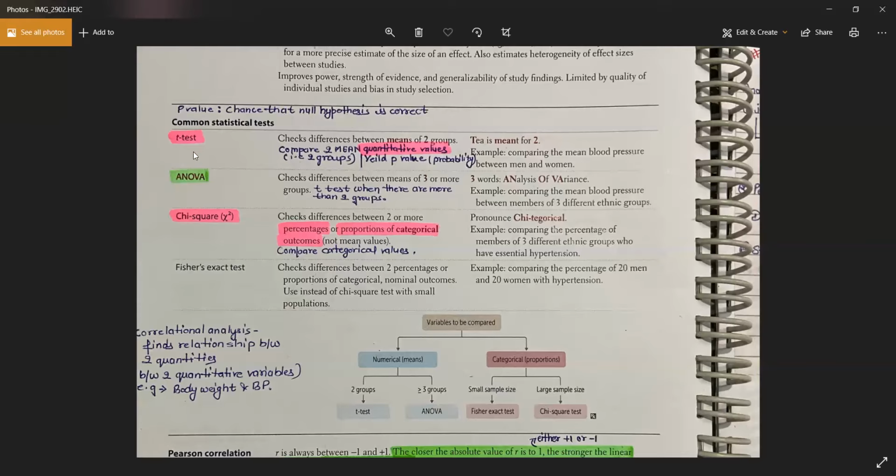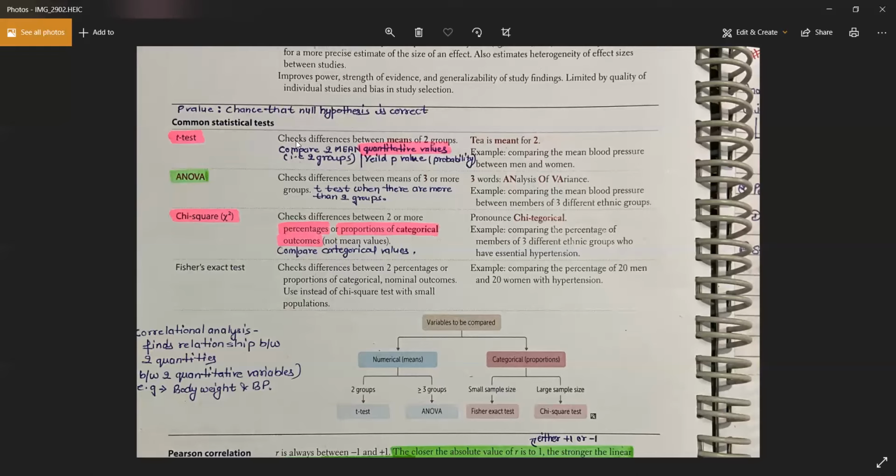Whenever I have three groups instead of two, and I want to compare one value in all these three groups, then it is the ANOVA test, analysis of variance. Whenever there are three or more groups, it is always the analysis of variance. Whenever there are two groups, it is the t-test. Let's say I want to compare the mean BP in three ethnic groups.